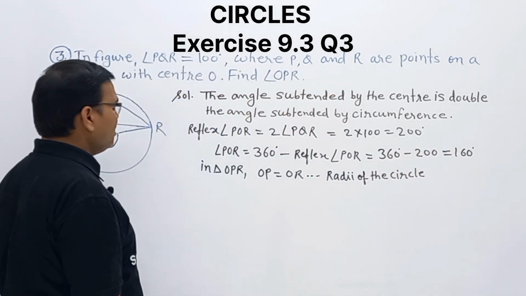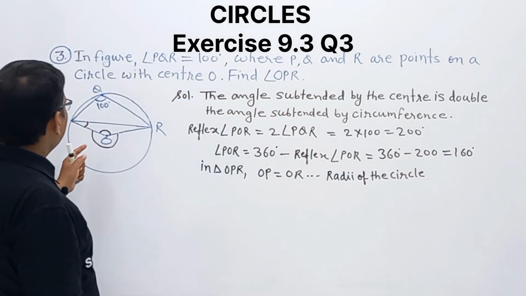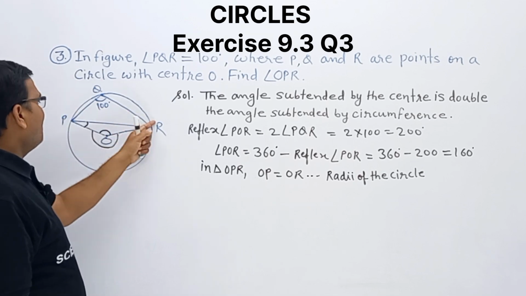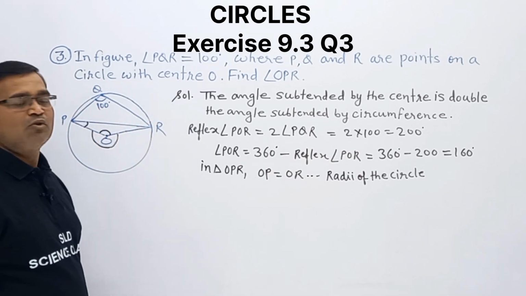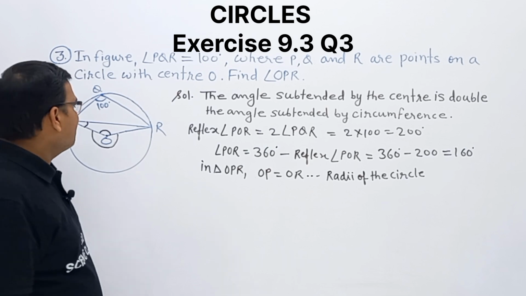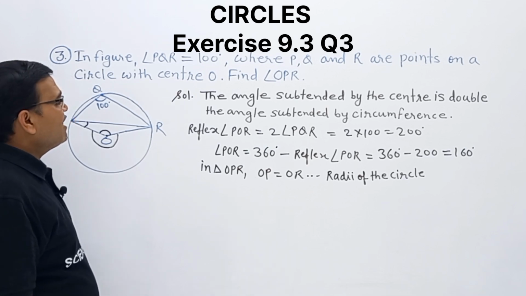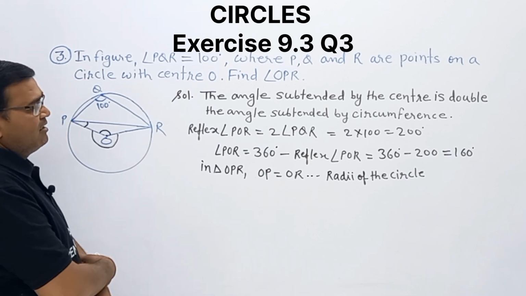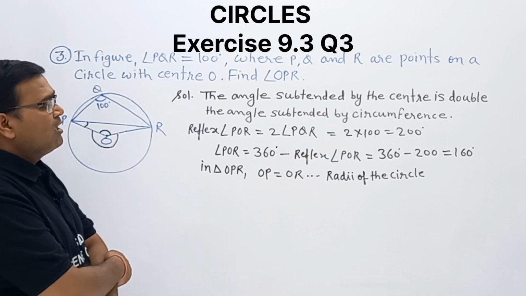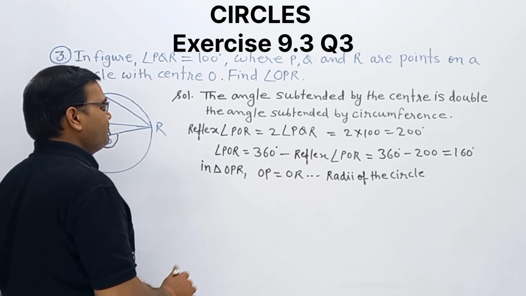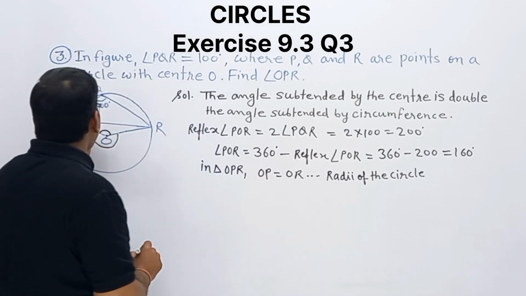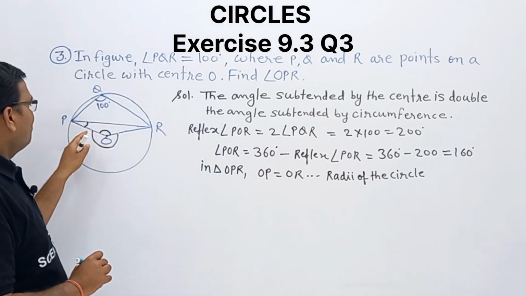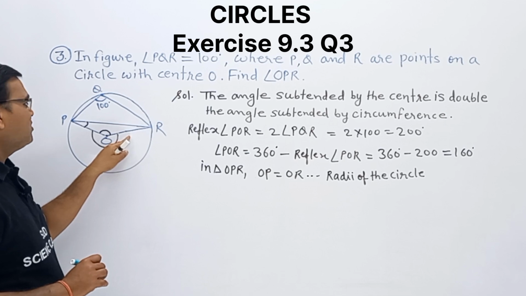Clear? Now observe this triangle OPR, in which OP equals OR. In this triangle two sides are equal. Once two sides are equal in a triangle, that triangle is called an isosceles triangle.